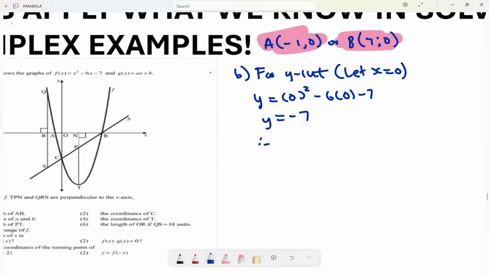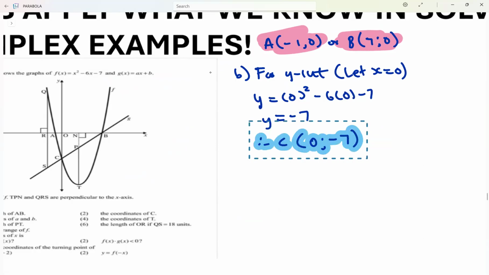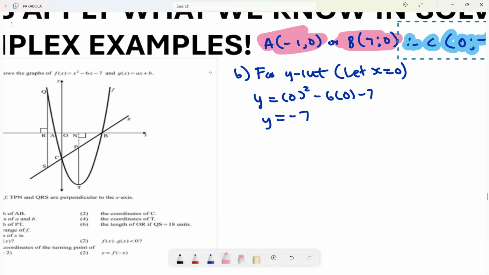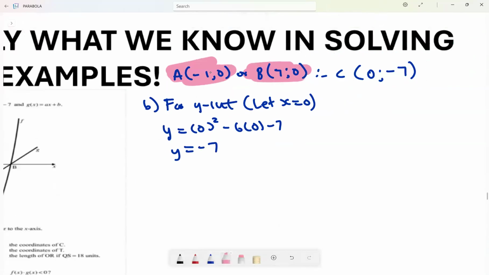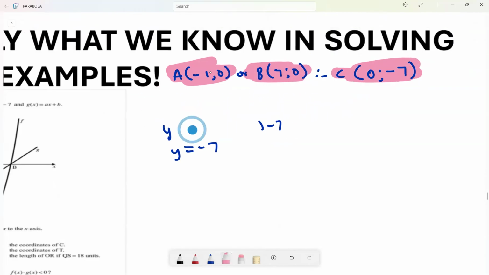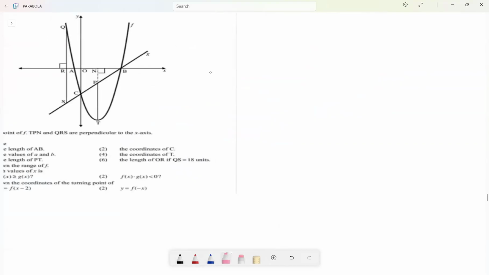This tells me that C has the coordinates (0, -7). Here are the coordinates of C. I might need to store them somewhere, since I may need them in the future. I need to highlight them also. Very, very important. An easy question for 1 mark.